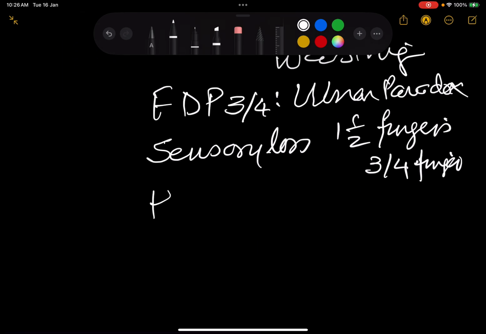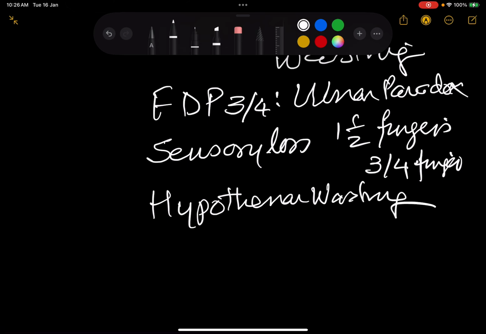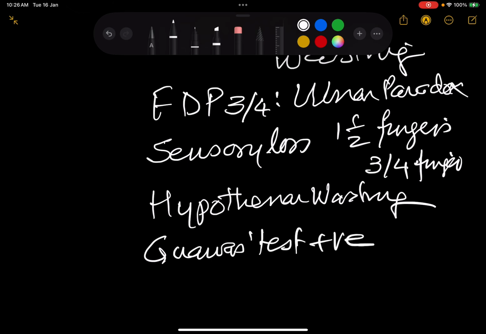Then you say hypothenar wasting. Abductor digiti minimi, Guava's test positive. Then 3-4 lumbricals, ulnar claw hand.